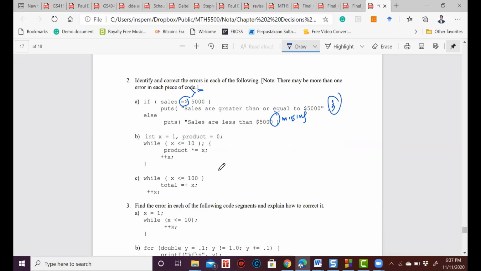So B, what is the error? No semicolon on the while statement. Yeah, right. This semicolon is no need. The while syntax is wrong; if we put a semicolon here, the logic is wrong. Okay. Is there anything else?